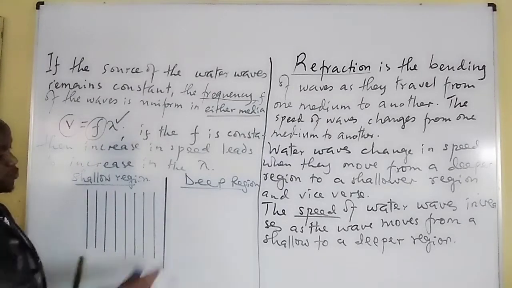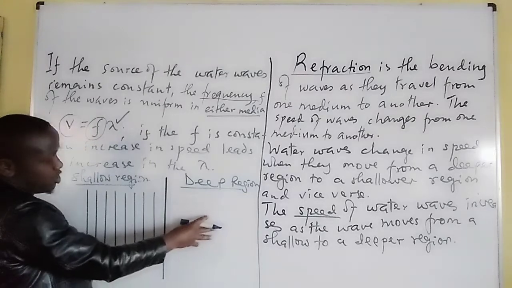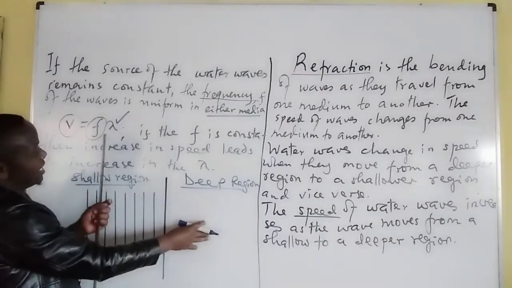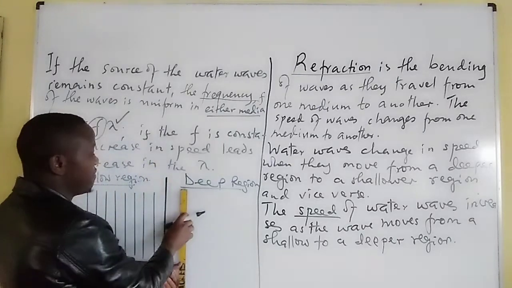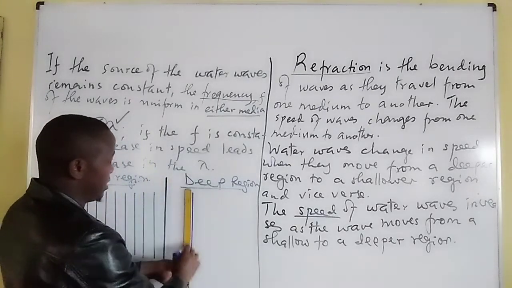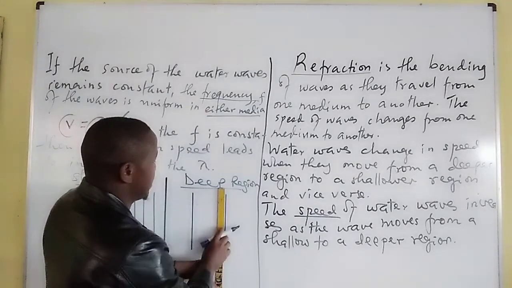The speed will increase in the deeper region, and when the speed increases, automatically the wavelength increases. Now in the deeper region the wavelength becomes greater, so the wave trains are now more spaced.